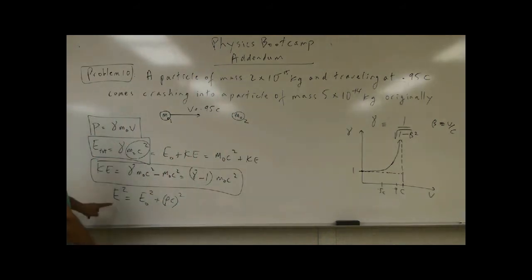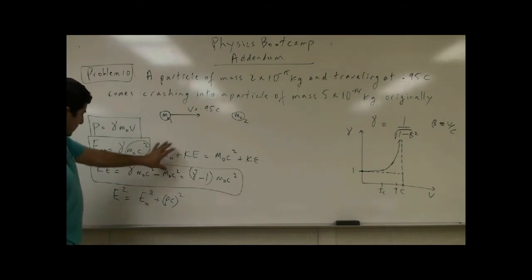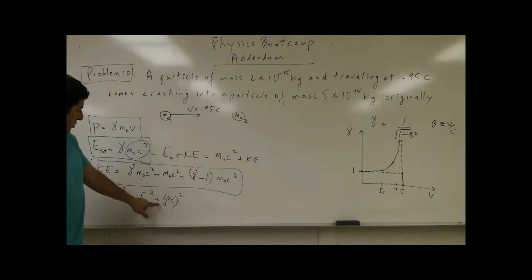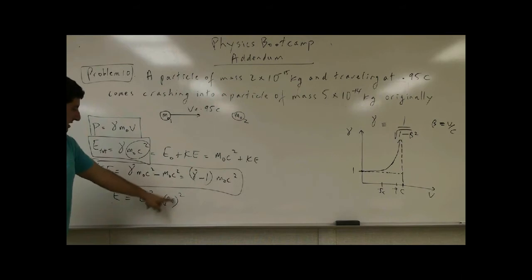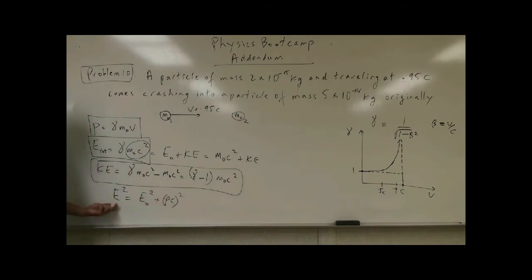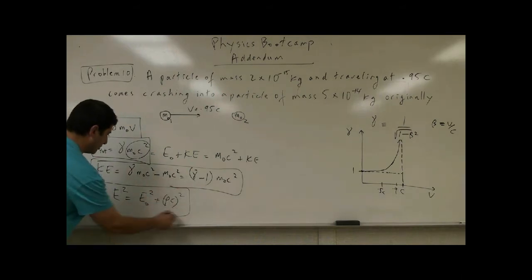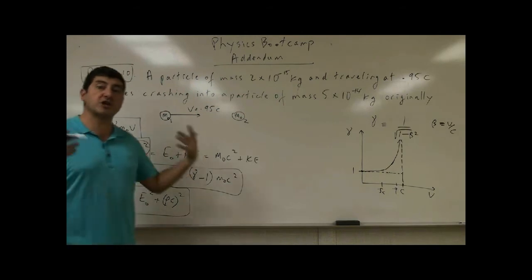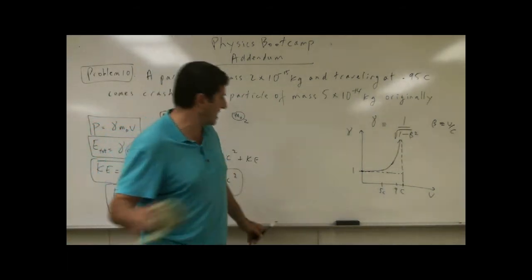All you have to do to prove it is square it on this side, and then on the right side square this equation, m0c squared, and then multiply this by c squared and show that the left side is equal to the right side. So this is just simply putting together the previous equation, and then you get another equation. So this, in summary, are the equations of relativistic dynamics.